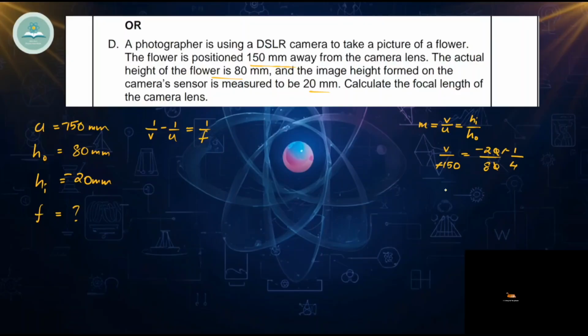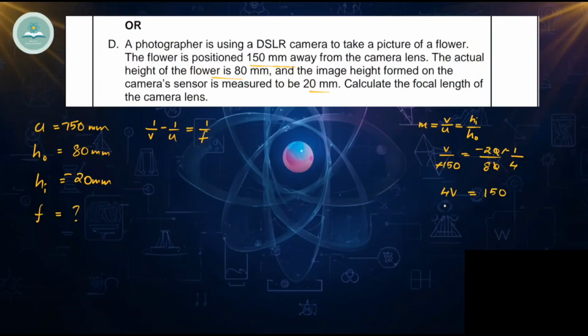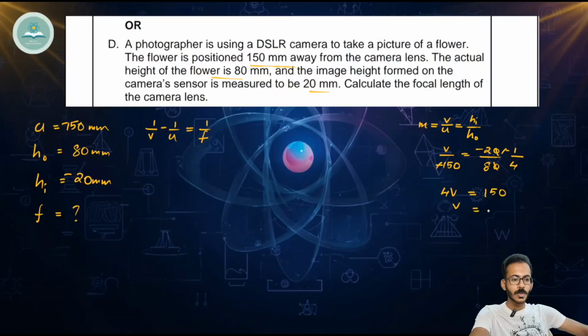So if I cross multiply, I'll get 4v is equal to 150. Again, v is equal to 150 divided by 4. If I just cut it, I'll get 2 into 75, 2 into 2. So for me, I got image distance v is equal to 75 by 2.